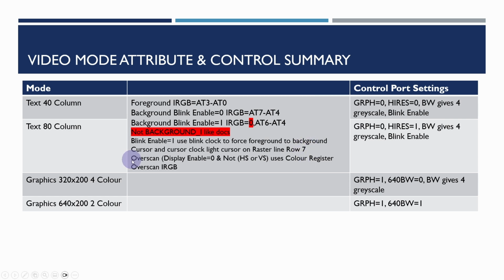Now the overscan output, it will actually produce the overscan output, although it won't generally be seen on the video adapters that I'll be using, just because they don't generally show the overscan area. But if we're using this on a TV, for example, then the overscan color will be determined from the color register. And this is for when the display enable is 0 and we don't have the horizontal sync or vertical sync pulses. This will determine that overscan color around the edges of the display.